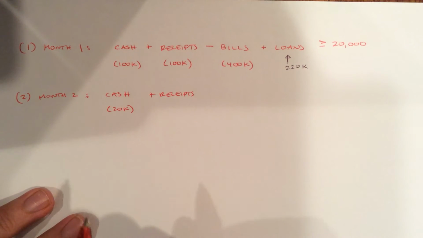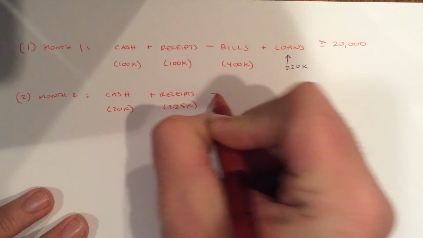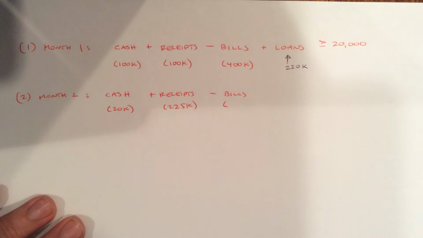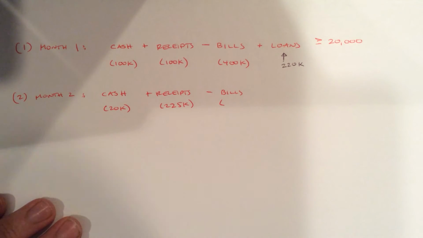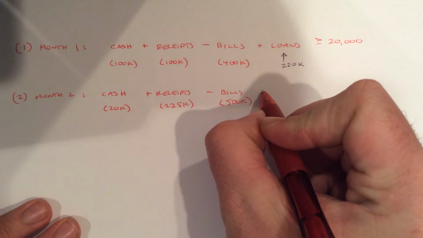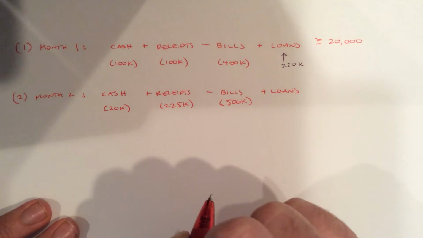And here our receipts are 225,000 minus our bills. And our bills in this case are 500,000. Oh, they're going up. Minus or plus our loans, how much money we borrow from the bank.